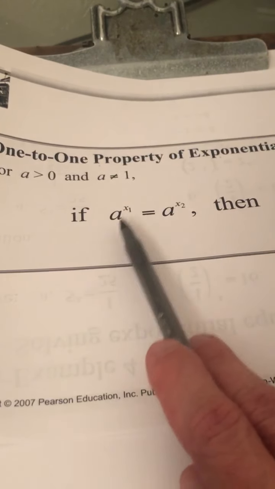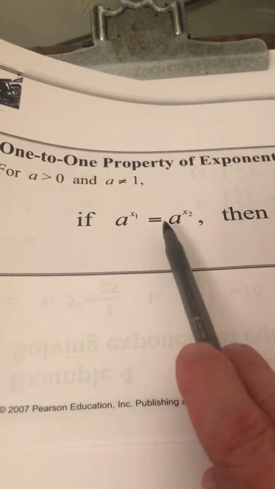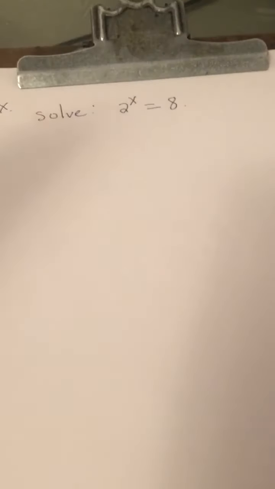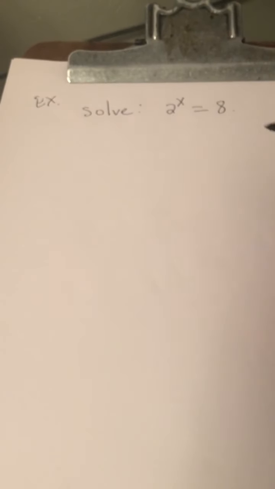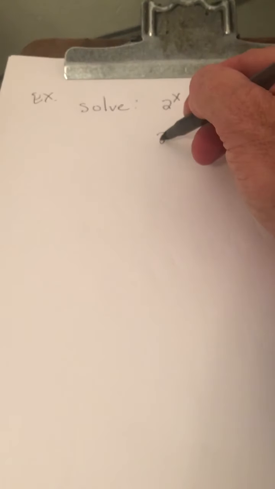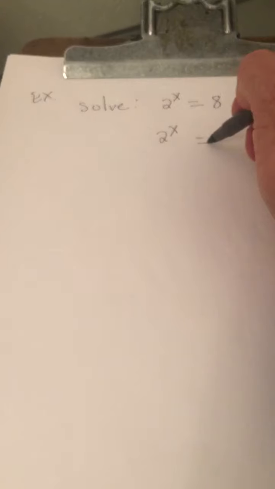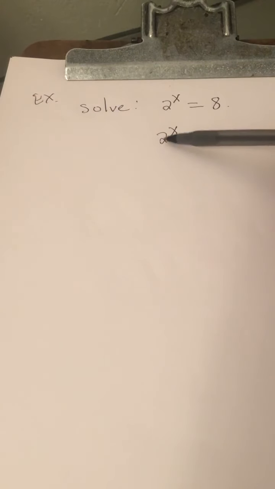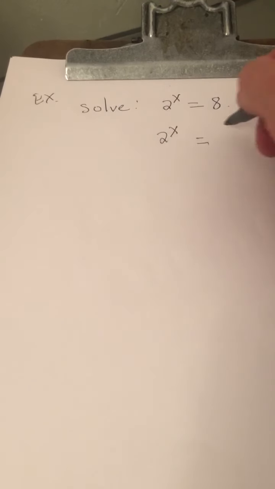Something to the x1 equals that same something to the x2. So what we would say is this. 2 to the x, there's nothing we can really do with that as far as rewriting it another way. However, 8, you have to realize, is 2 cubed.